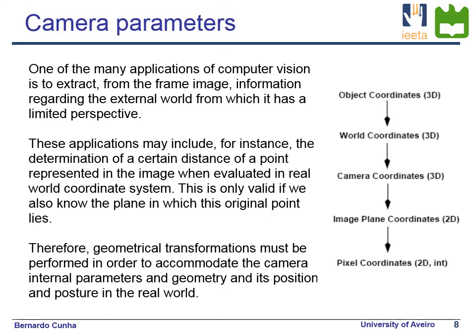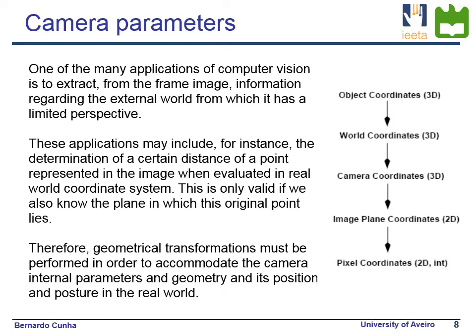So moving on from the origin, we will have the object coordinates, which are in the world coordinates, so in 3D. We have the world coordinate system, which is also 3D and is based on this Cartesian system from which we extract the object coordinates. Then we have the camera coordinates, also related to the world coordinates.